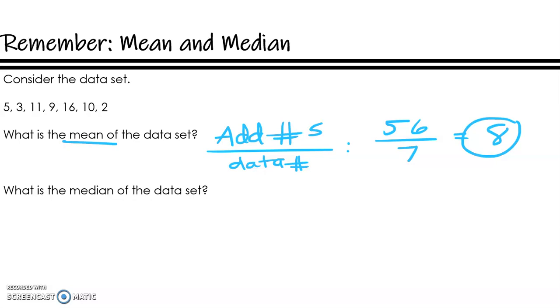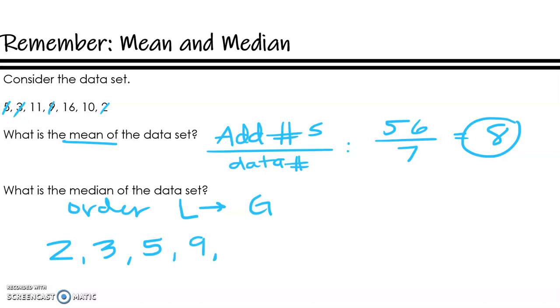The median, remember that you have to first order your numbers least to greatest. Then we're going to find the middle value. So 2 is my lowest number, followed by 3. I'm just going to mark them off as I write them down so I know I didn't leave anything out. 5, then 9, then 10, then 11, and then 16.